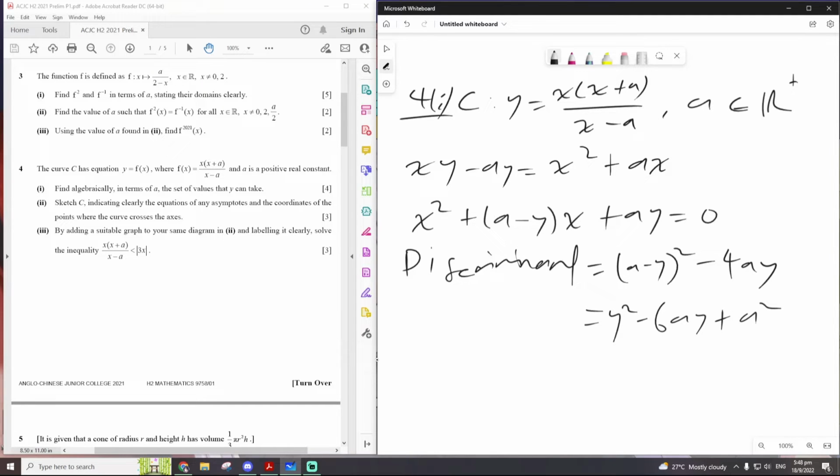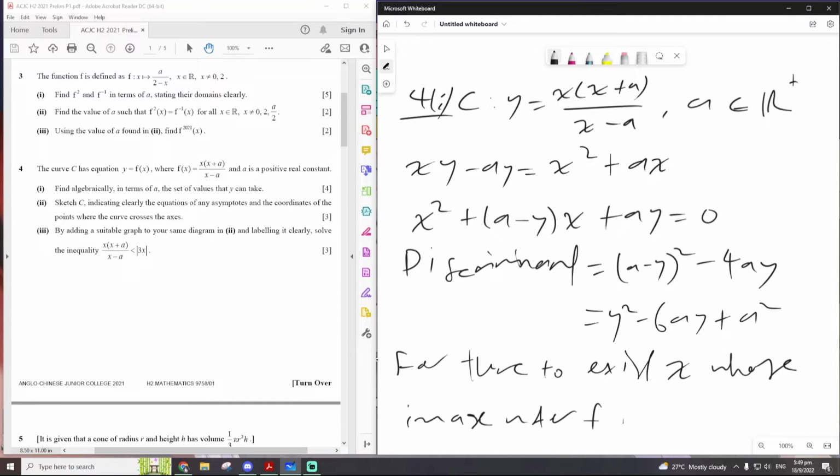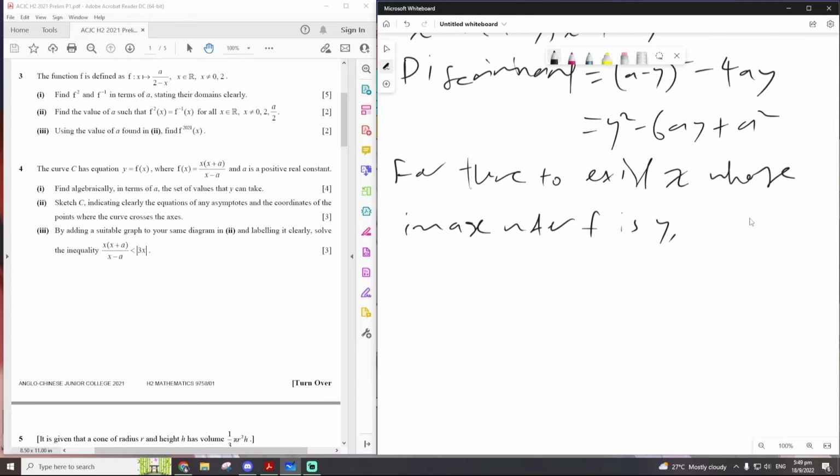Now what do we want? We want to find the set of values that y can take, meaning that there must be some value of x which corresponds to that y. So for there to exist x whose image under f is y, we need the discriminant to be greater than or equal to 0, right?